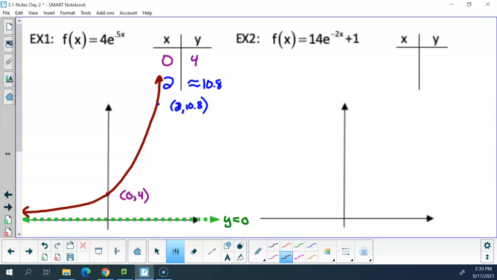Okay. You graph example number 2. All right. So let's start slow. First off, growth or decay? Decay. Not what you would think. It's a decay because it's got a negative exponent. Okay. Horizontal asymptote. Y equals 1.